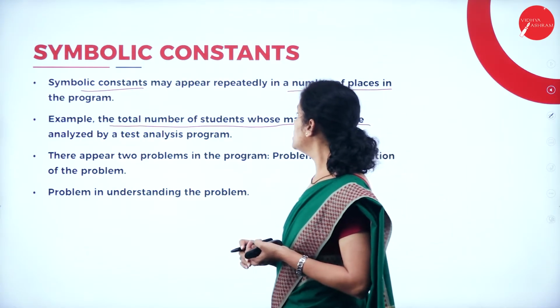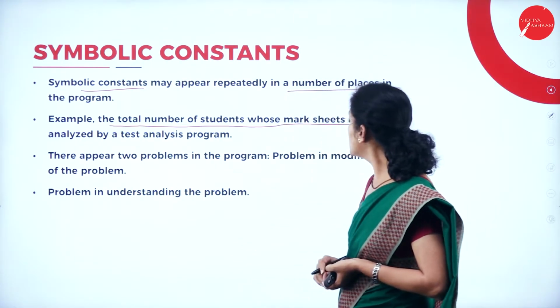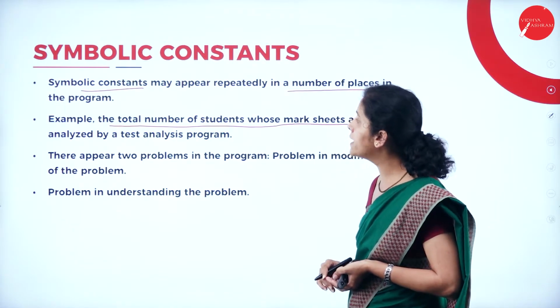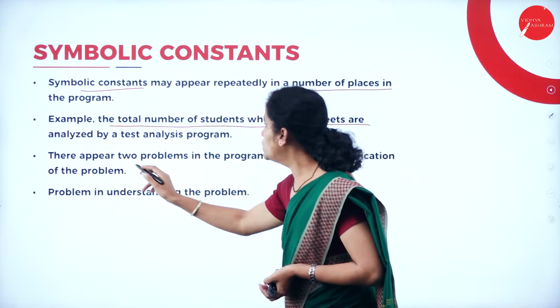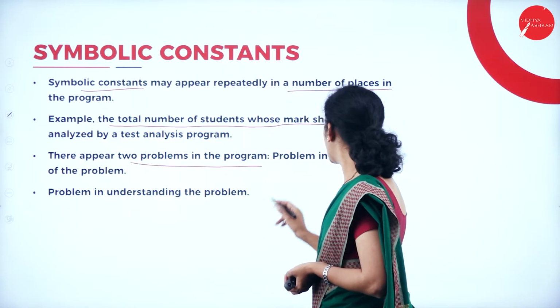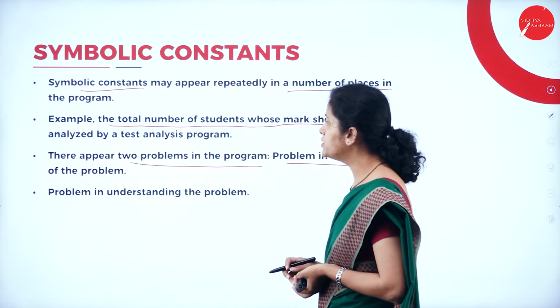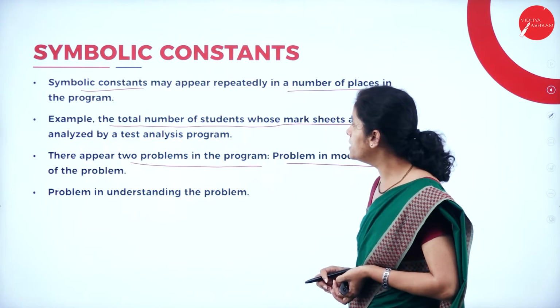Now, consider the total number of students whose mark sheets are analyzed by a test analyzing program. There are two problems in the program: problem in modification and problem in understanding.